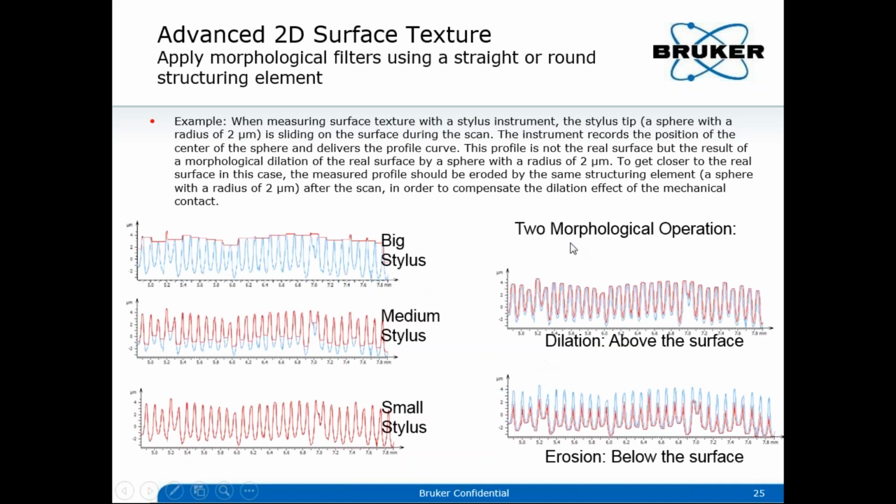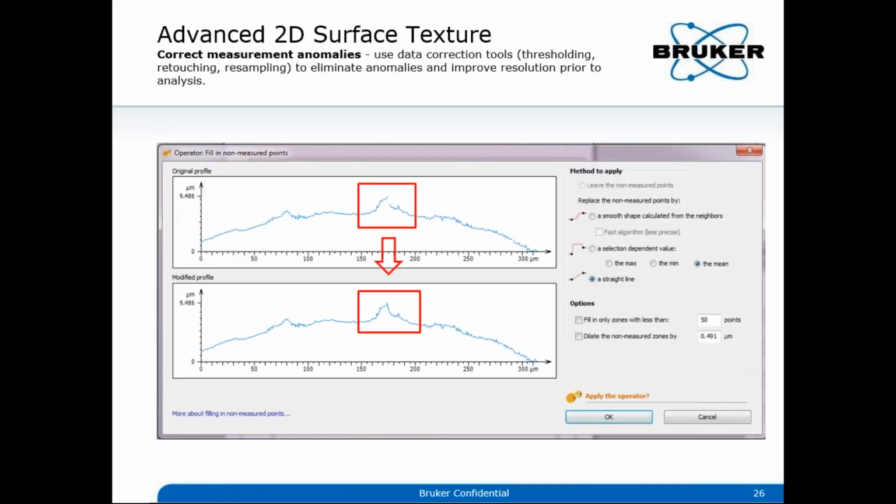There are also other industrial standard morphological analyses, for example dilation or erosion, which you can simulate above the surface, or you can simulate below the surface. These are the features that are available in this advanced 2D surface texture module.